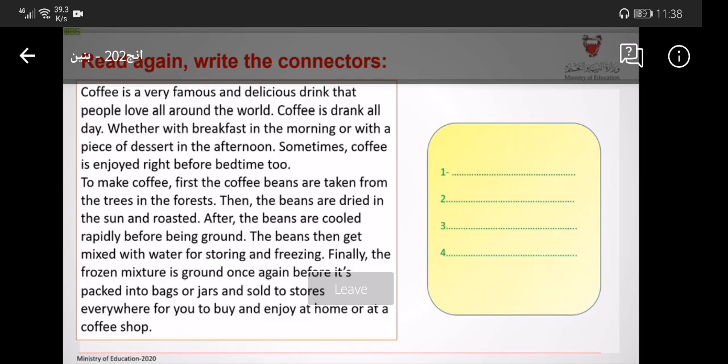Then we are going to talk about where it's distributed to, where it is sold to, where can we enjoy it. So we can enjoy it at home or at a coffee shop or sometimes maybe at the office.